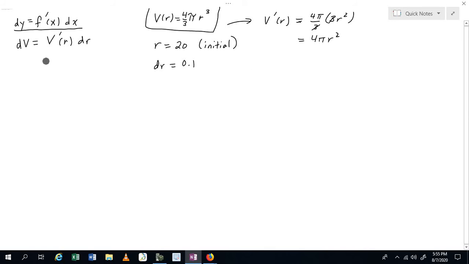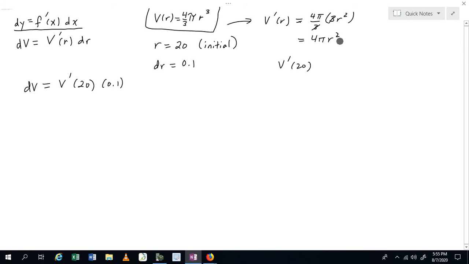And then once you've done that, all you have to do now is plug everything back into this formula to find the differential change in v. So we need to take the derivative of v and evaluate that at r. So v prime at 20, because r is 20 here, and then times the differential change in r, which is 0.1. Then let's go find v prime of 20.